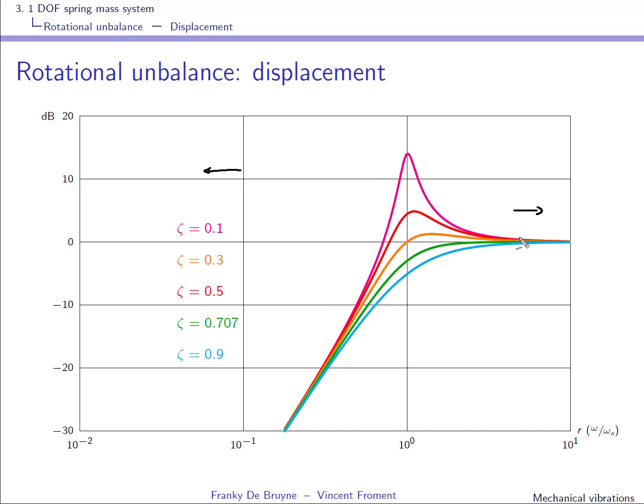You see that there is very little influence of the damping coefficient, and of course at the natural frequency you have the magnitude of the normalized displacement that can be rather high, especially if the damping is low.